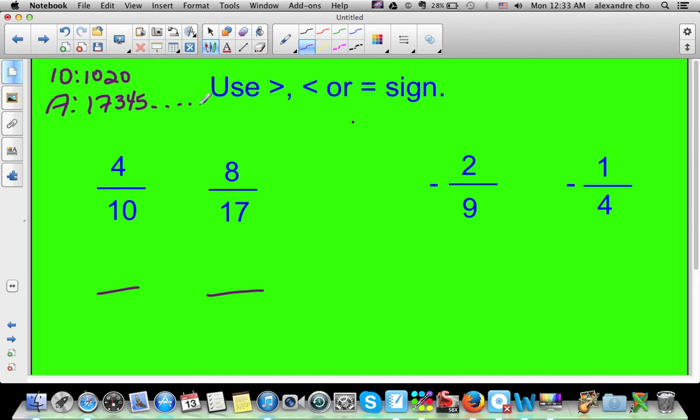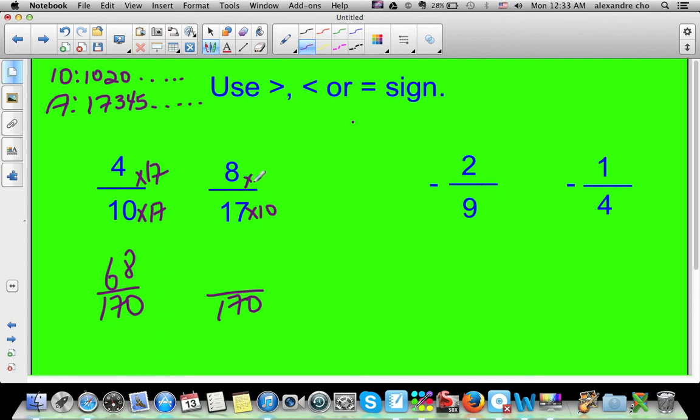But if you actually did this, you would find that they would meet up way, way down the line at a number called 170. So 10 times what's 170? 10 times 17. So I multiply the top by 17 as well, which gives me 68. 17 was multiplied by 10 to get 170.